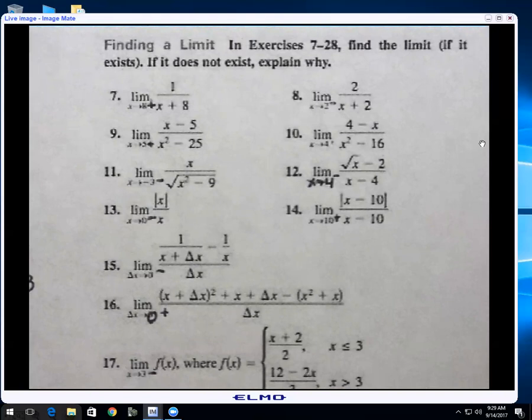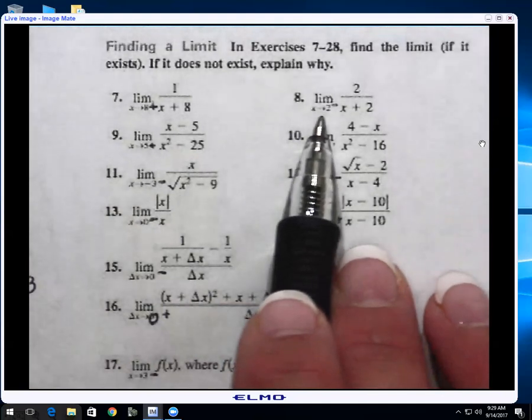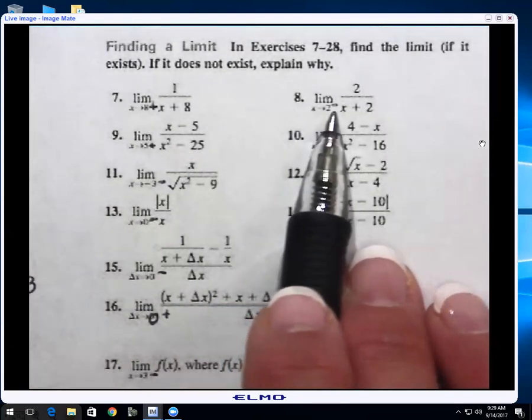Most of these can be found by direct substitution. If the two-sided limit exists and can be found by direct substitution, then that automatically means both one-sided limits exist. In number 8, we're looking for the limit as x approaches 2 from the, oh no, I can't read it. Is that a plus or a minus? A minus.